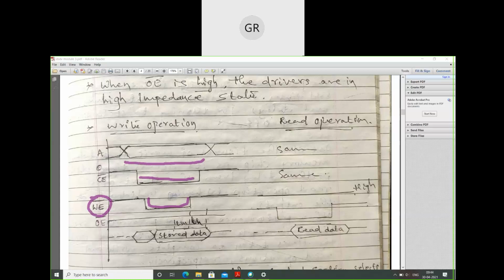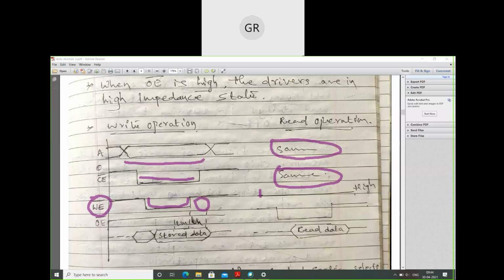During the read operation, the address plot is the same, and chip enable is also the same, to perform the read and write operations. During the write operation, WE bar is low; during the read operation, it's high, it is 1. That is the difference. Then one more: OE bar is high.